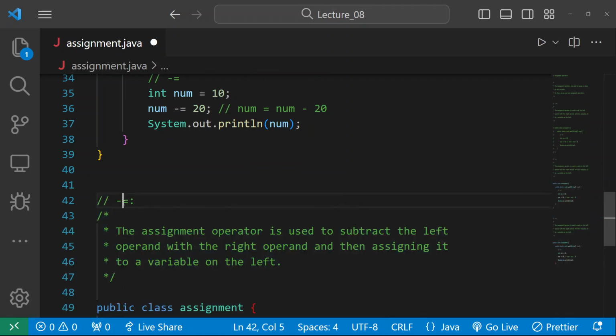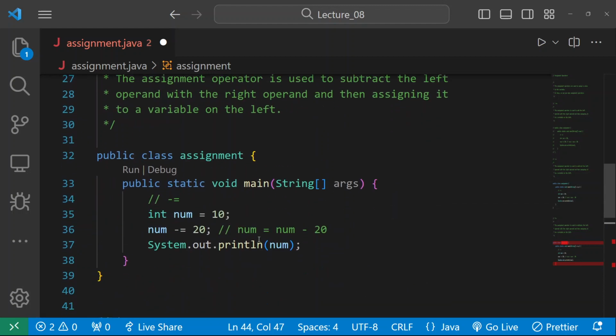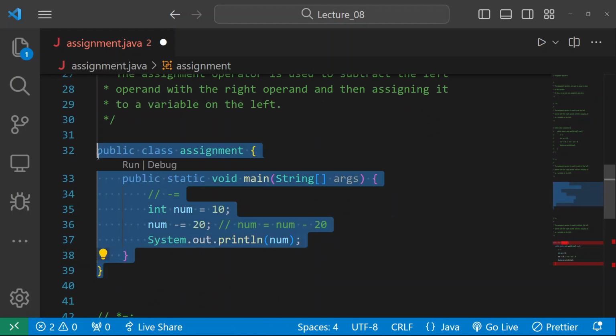Just instead of minus, I will be using the star. I will be assigning the asterisk sign to it, and it is used to multiply. Let me comment the above part.